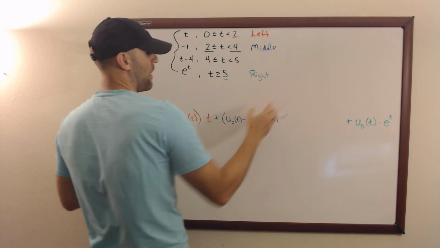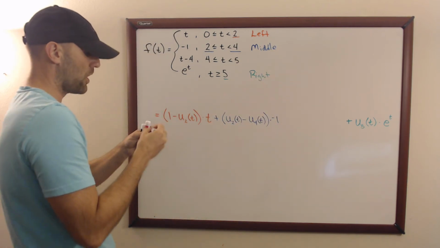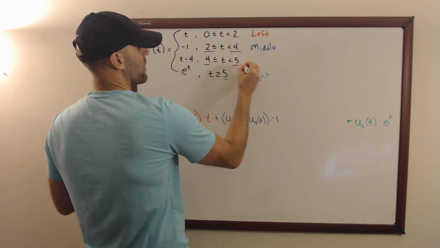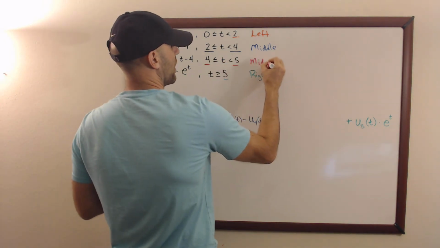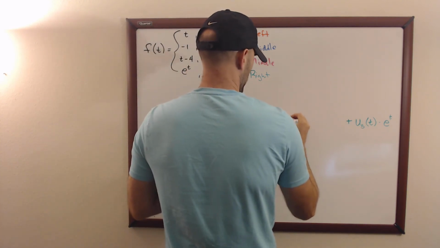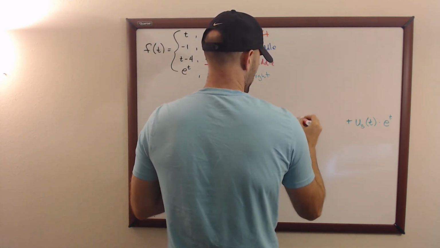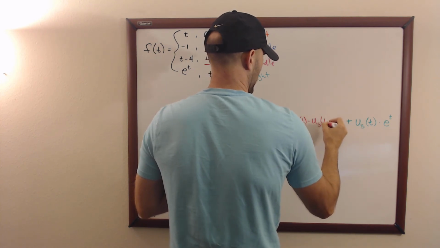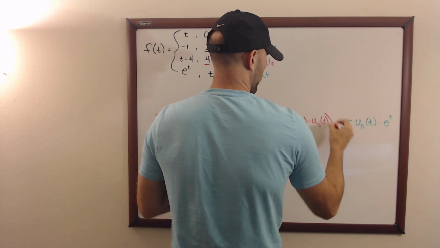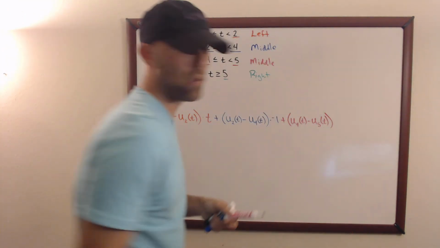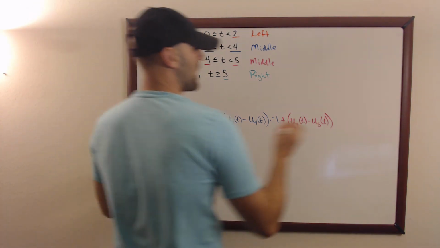Every middle function has this same form. So this is also a middle function. Again, using these, plus u sub 4 of t minus u sub 5 of t, running out of room, times my function here, t minus 4.